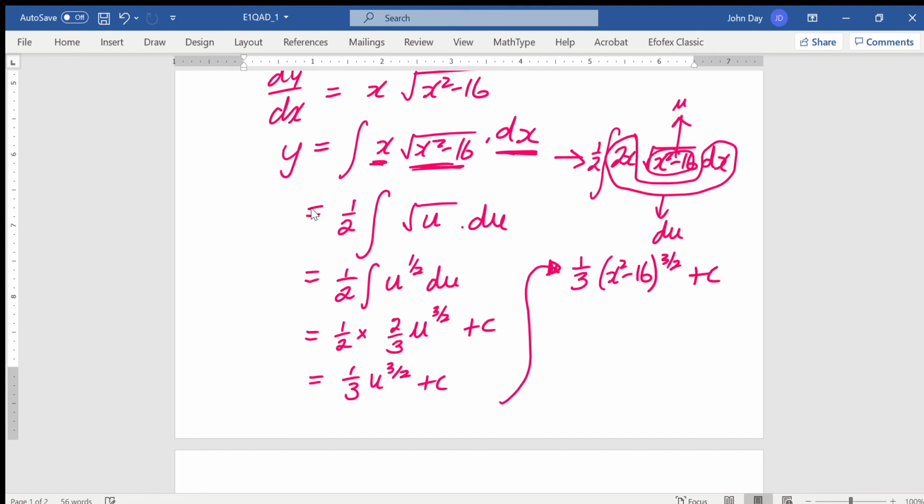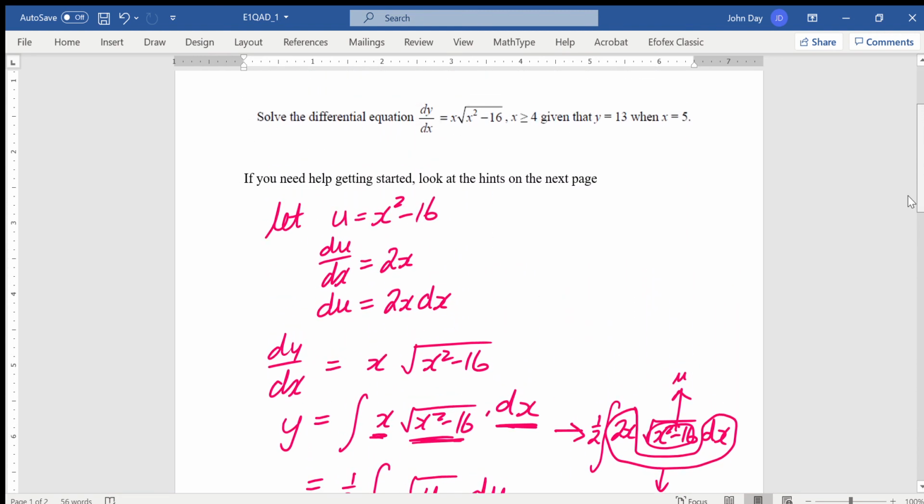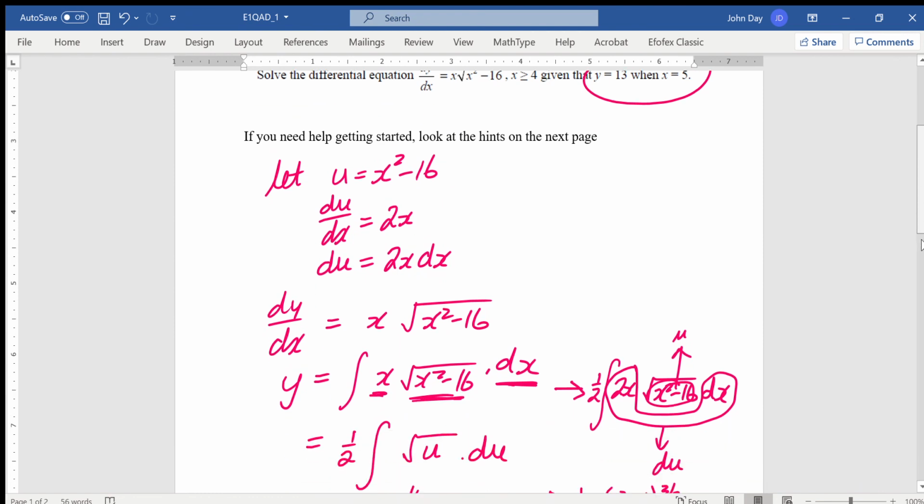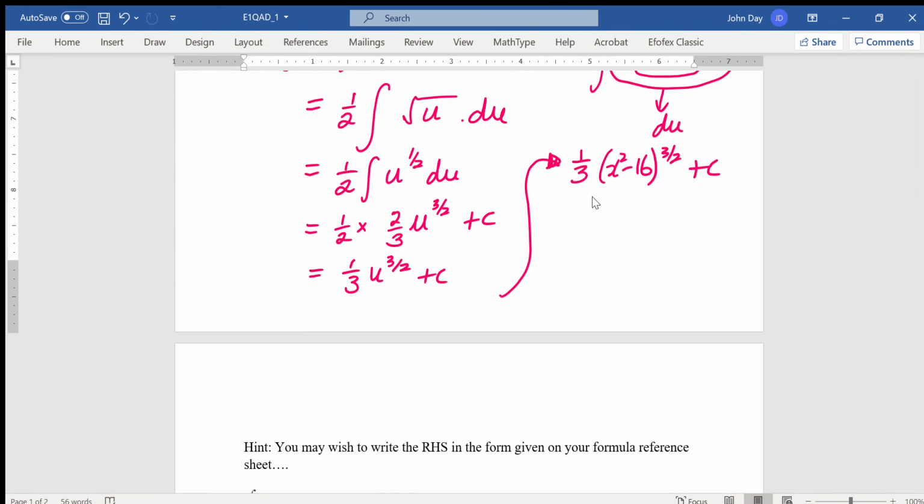And then we reached that stage before. In order to evaluate c, we need to use the values they've given us at the top here: when y is 13, x is 5. So 13 equals a third of (5 squared minus 16) to the 3 on 2 plus c.